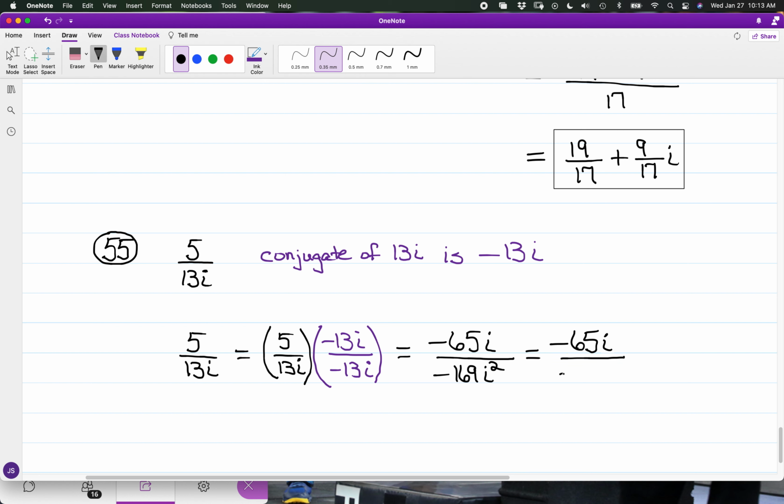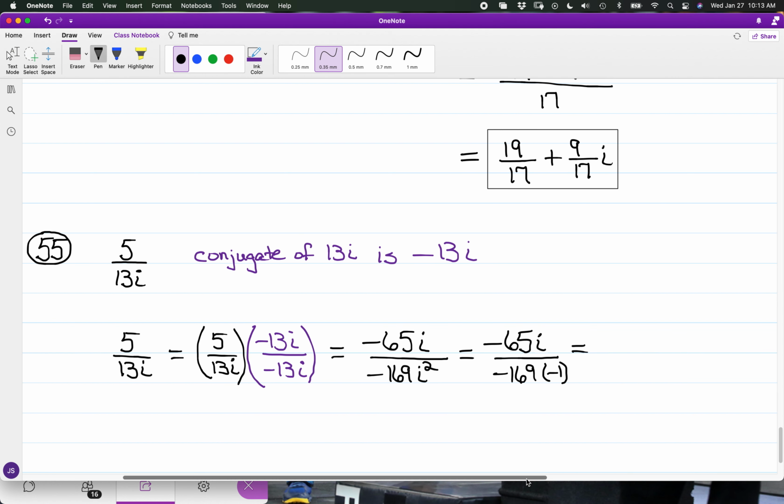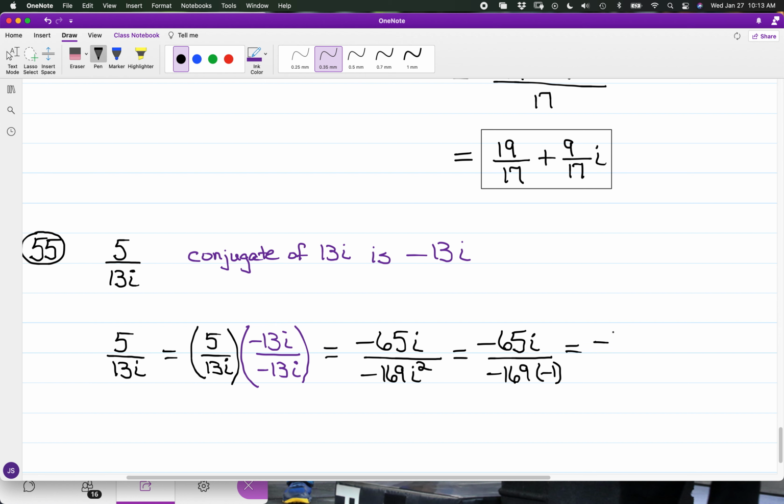And for the denominators, I have negative 169. i squared we have as negative 1. So negative 65i, and we have over 169.